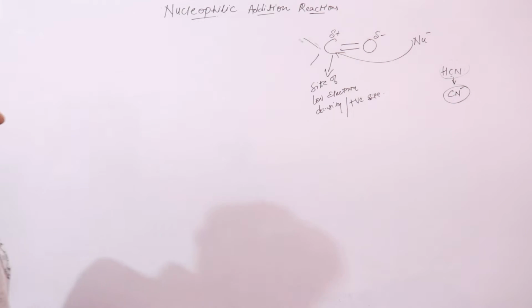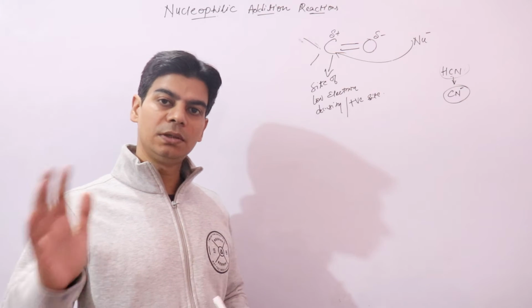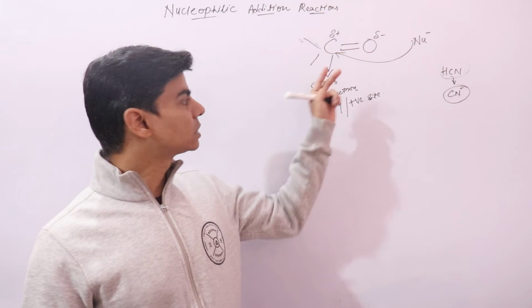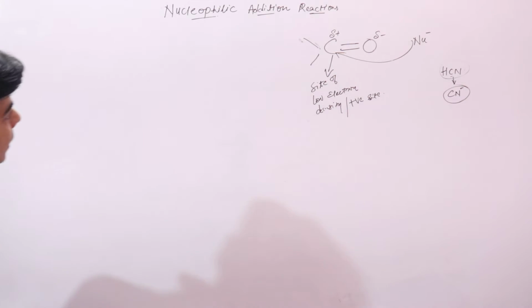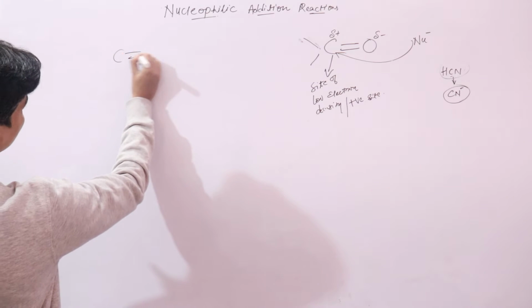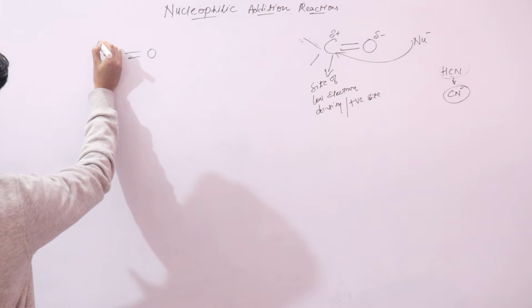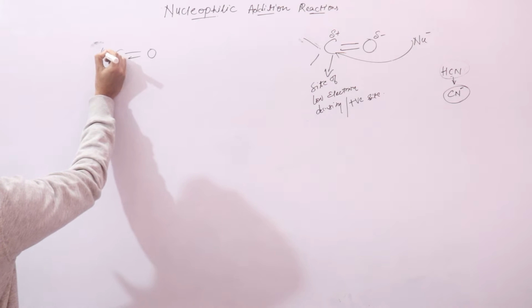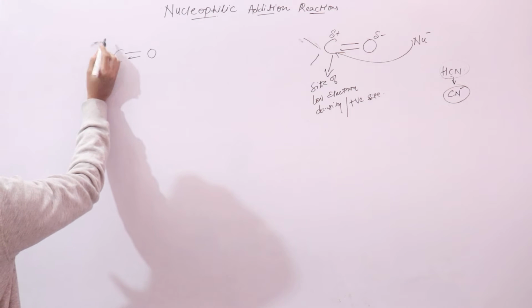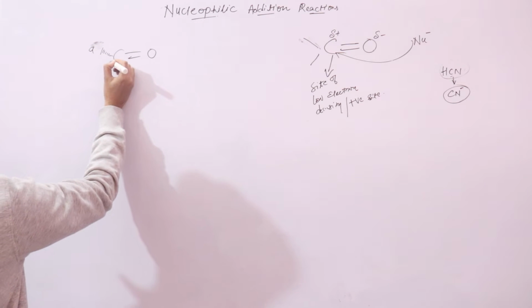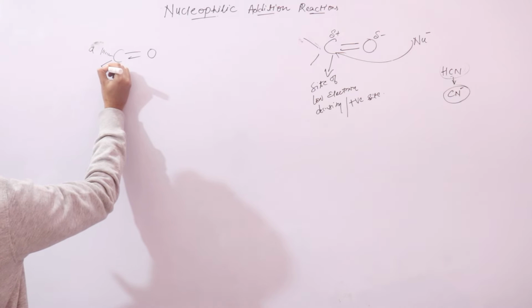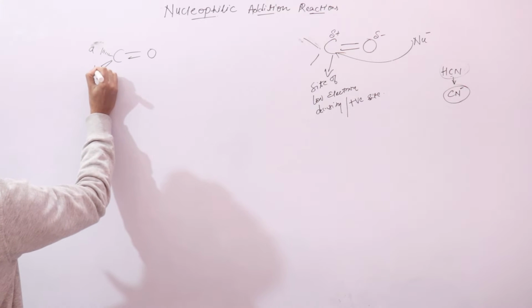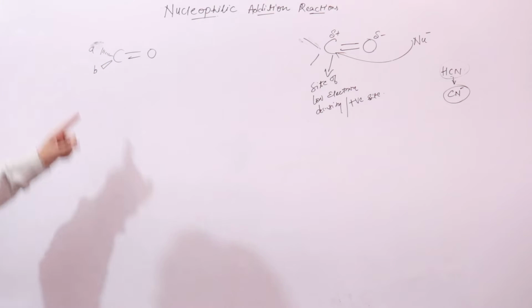Now let's look at the attack of the nucleophile on this carbonyl carbon. This is your carbonyl group, and this is your, say, A group, and this is your B group.